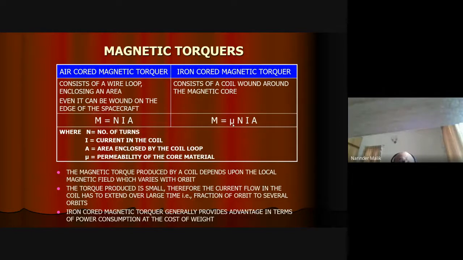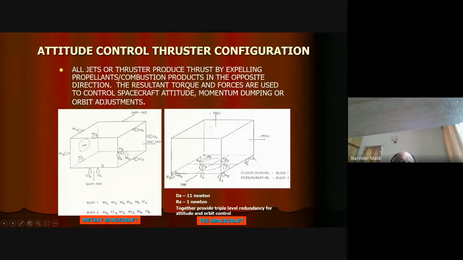Then there are attitude control thrusters. Okay, they are located at different faces of the spacecraft for different functions. They are located such that they should be able to provide a torque about each of the axes. That means you need 6 thrusters minimum to give you positive and negative pitch torque, positive and negative roll torque, positive and negative yaw torque.